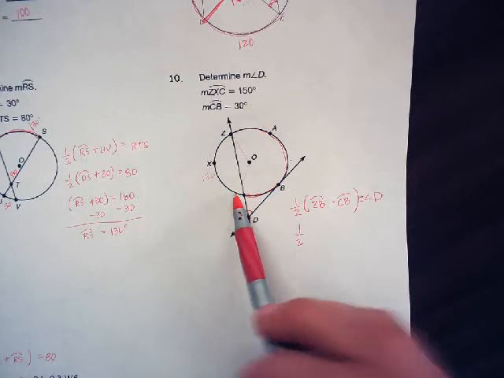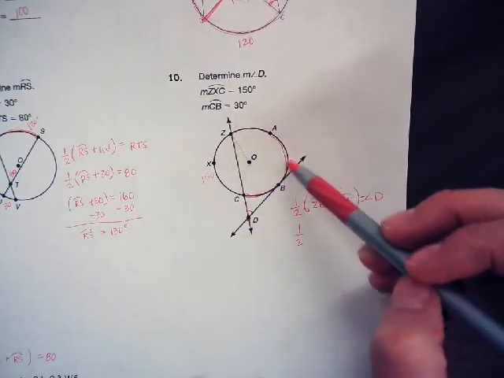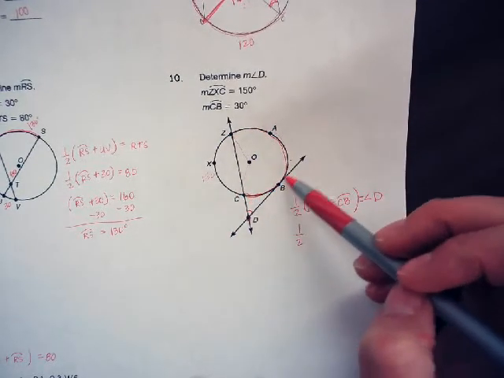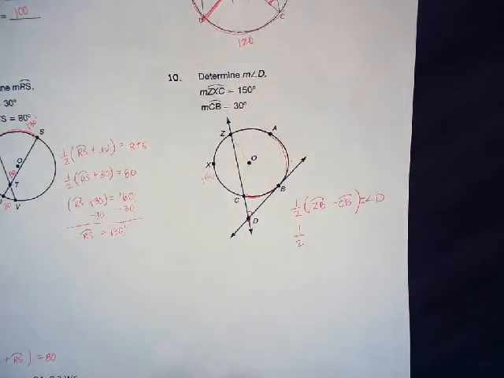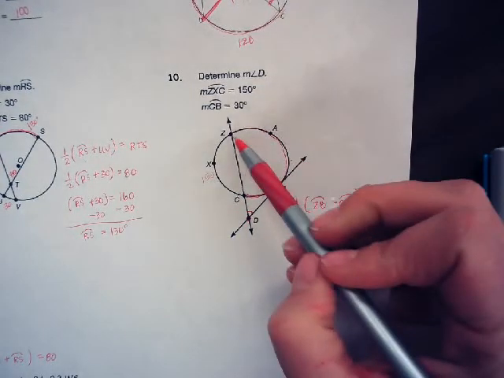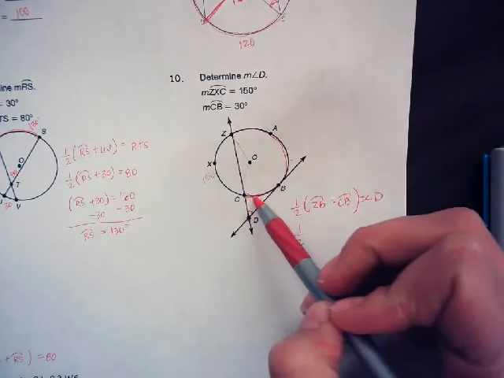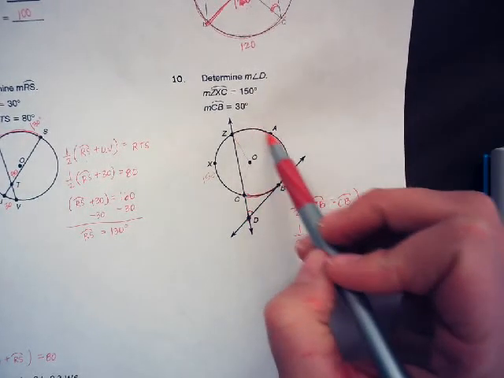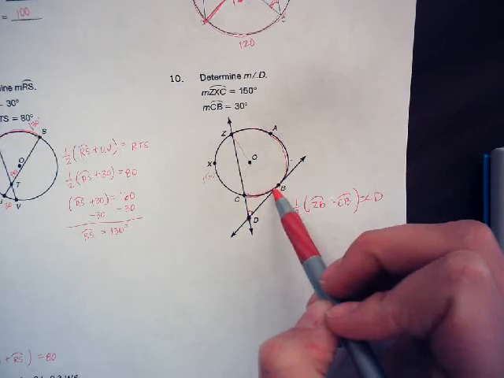Okay, so this whole length is 150. So what would ZBC be? That would be 360 minus 150. Let's figure out what that is. 360 minus 150, and we get 210. So if I were to go from Z all the way to C, that would be 210. Okay, but I know that CB is 30.